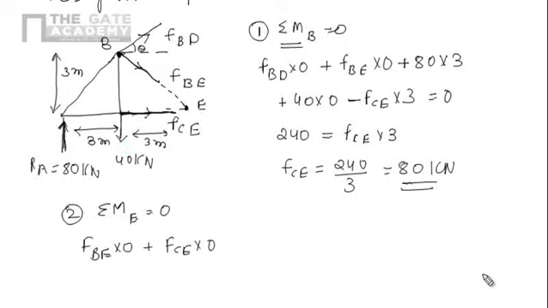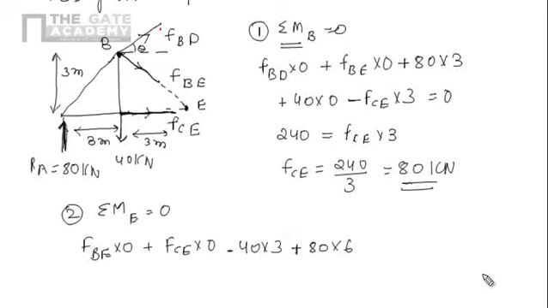If I take this 40 kilonewton, perpendicular distance from E is 3, so moment will be 40 into 3, and the direction is anti-clockwise, so it will be negative. Similarly, due to this 80 kilonewton, moment at E will be 80 into perpendicular distance 3 plus 3, that is 6, so 80 into 6, and the direction is clockwise, so it will be positive.